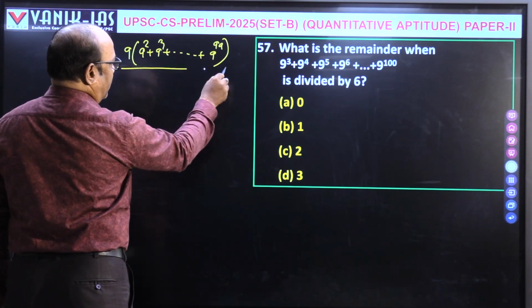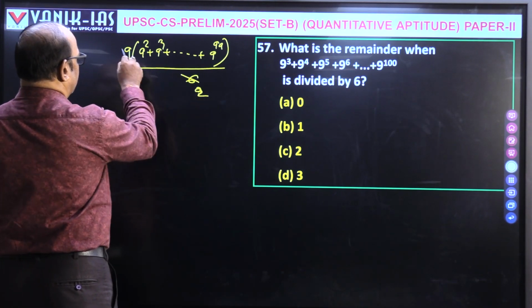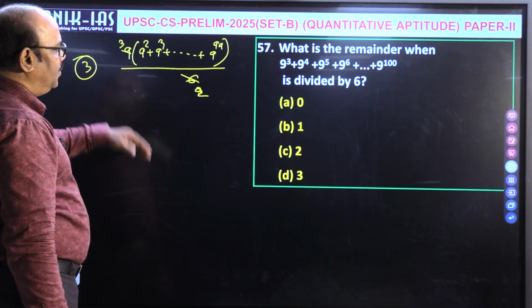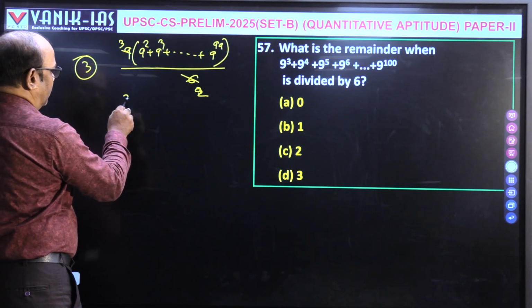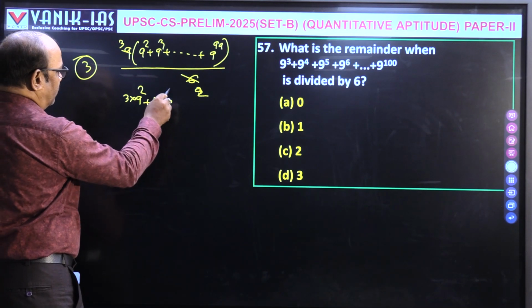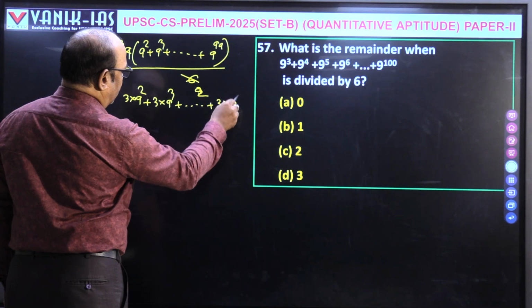When it is divided by 6, take the common factor 3; 2 threes are, 3 threes are, and remember it is cancelled by 3. In the last you can multiply by 3. Then solve 3 into 9 square plus 3 into 9 cube, like this, 3 into 9 to the power 99.